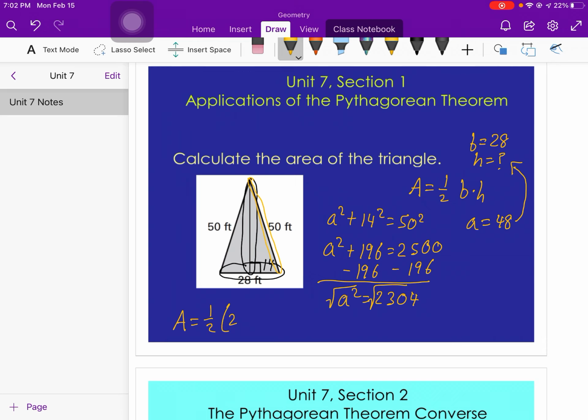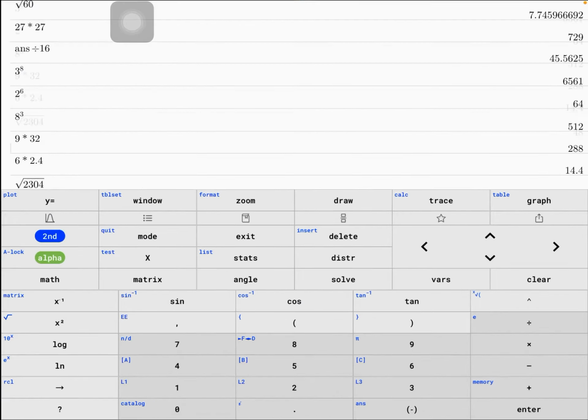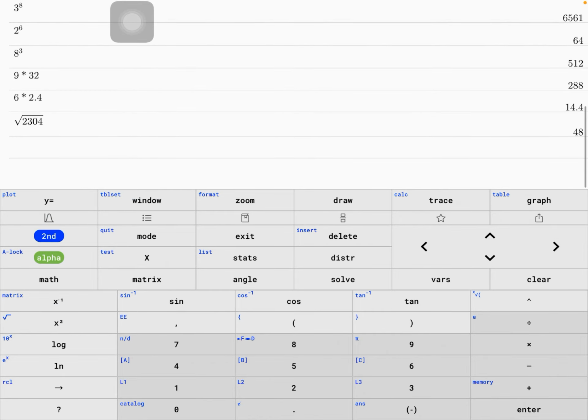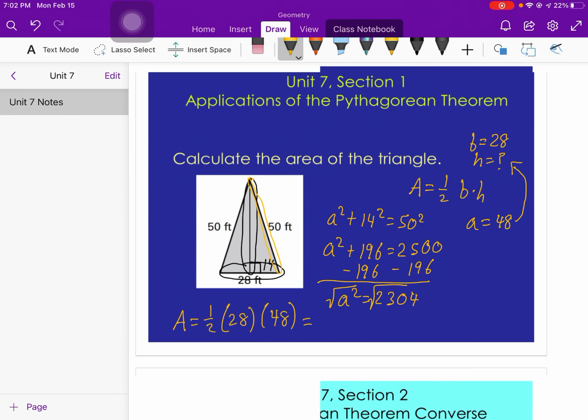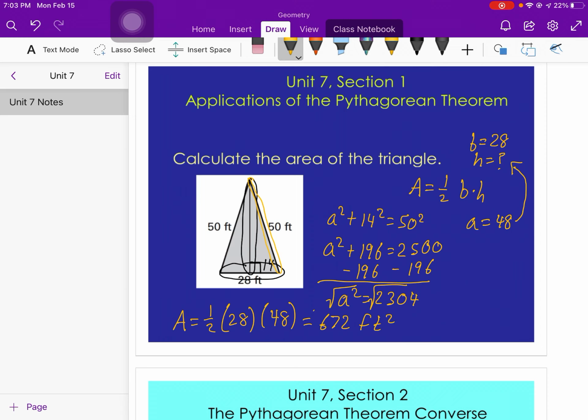The base we know is 28. We just solved for the height. That's our 48. We can just type those in our calculator. 1 divided by 2 times 28 times 48 gives us 672. And that would be feet squared.